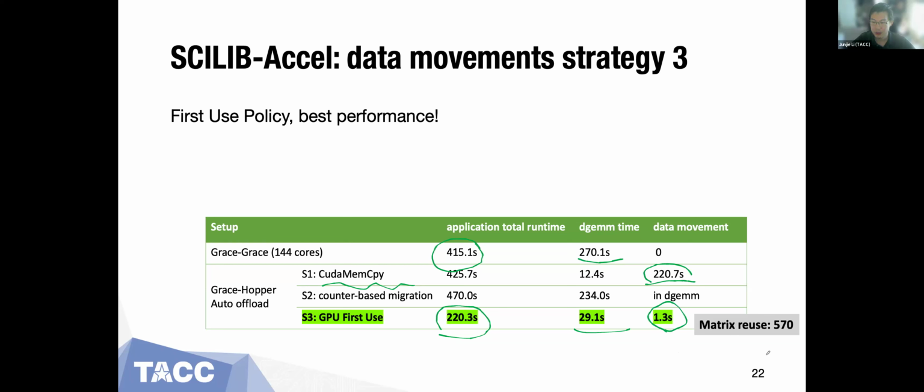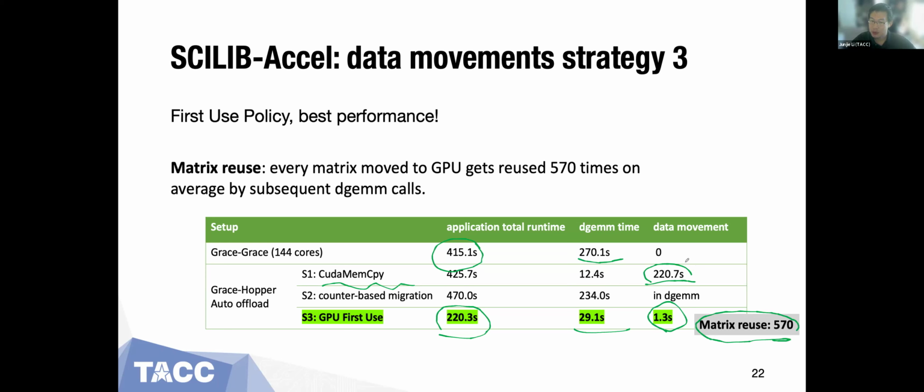And the critical measure for the usefulness of this method is the data reusability. So for every matrix I move to the GPU using move_pages, they get reused by later BLAS calls 570 times. And that's how the data movement time gets reduced from over 200 seconds to just 1 second.